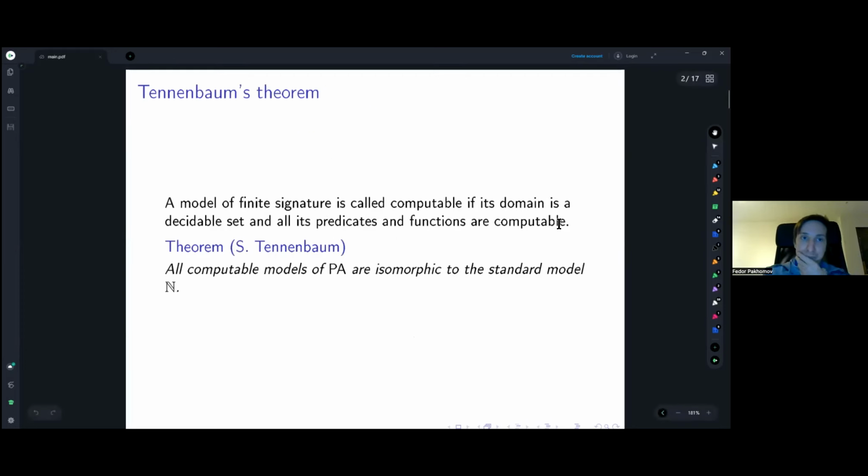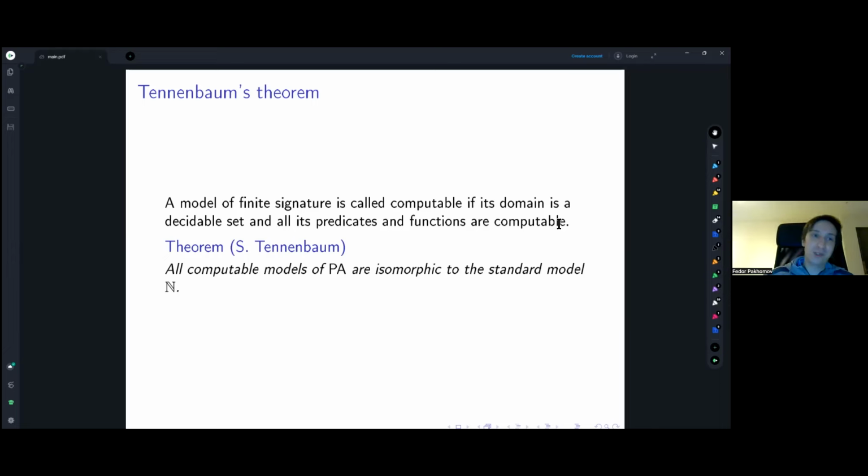So Tennenbaum's theorem tells us that the only computable model of Peano arithmetic is the standard model. To remind you of the basic definitions: a model is called computable if its domain is a decidable set of natural numbers, and the interpretations of all predicate and functional symbols of the model are computable.